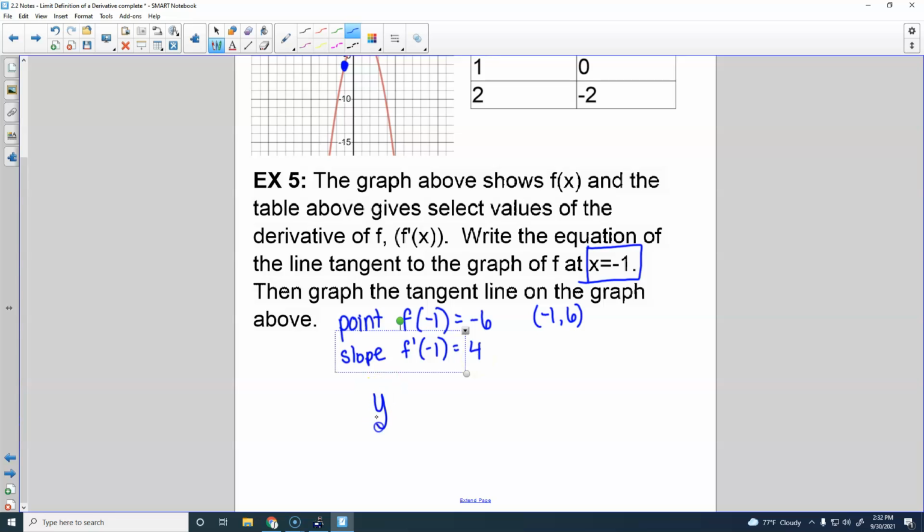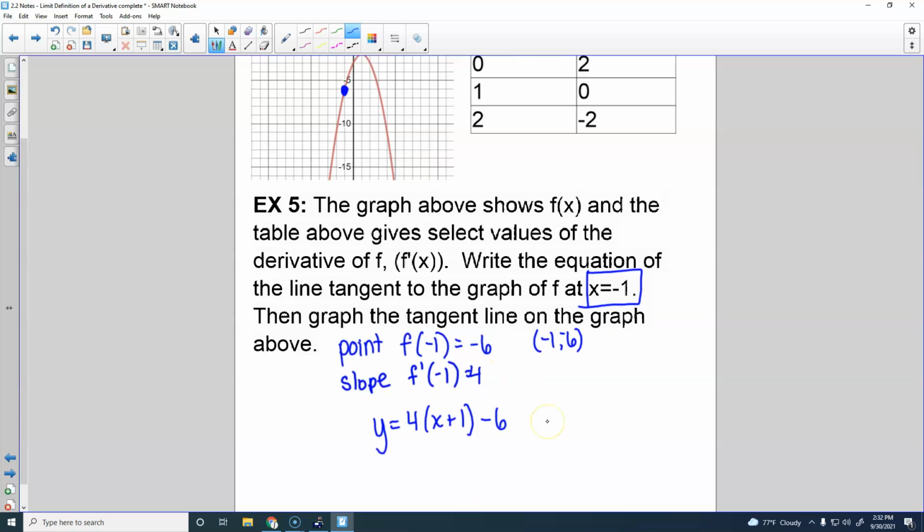So I'm just going to use y equals 4 times (x plus 1) plus 6. Oh, no, I'm sorry. I wrote that wrong. It is -6, because that should be a negative right there. I didn't write my negative over here. -6. Okay, so this is your equation of your tangent line.